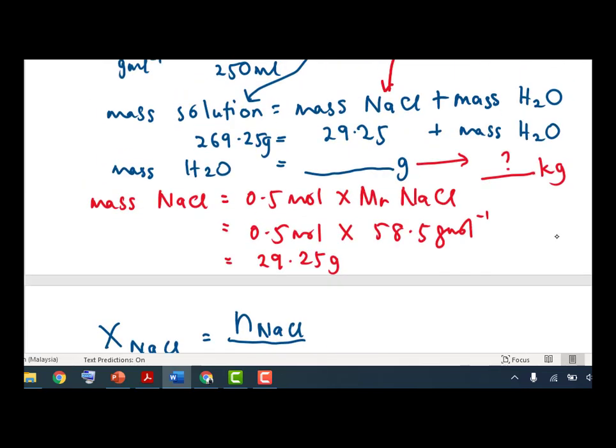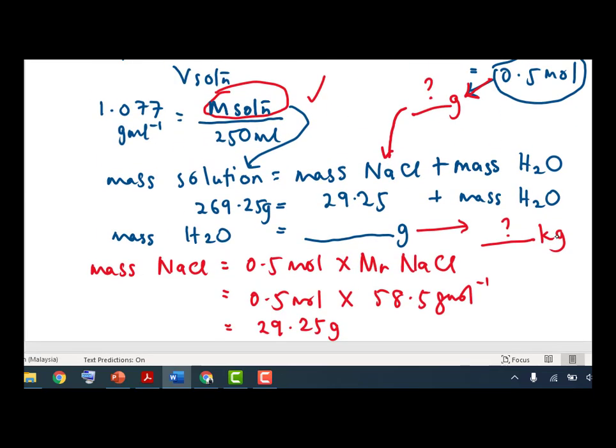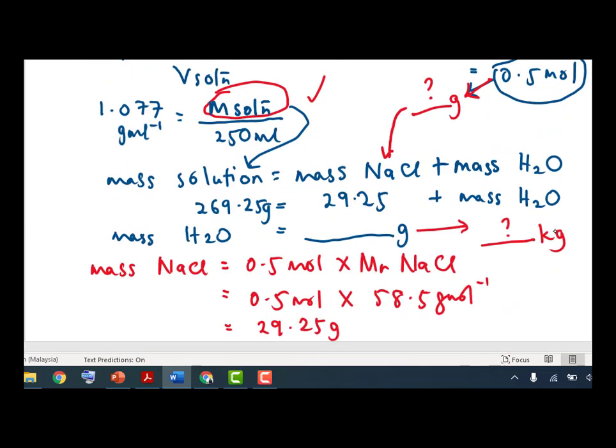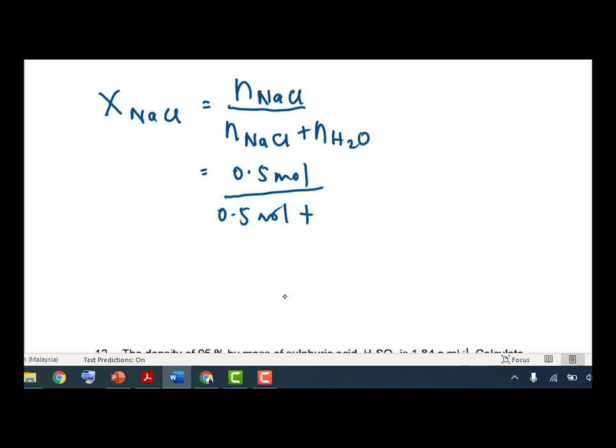How about mole water? Do we have mole water? Not yet. So what to do? From the mass of water here, you find the mole of water, then you insert it here.